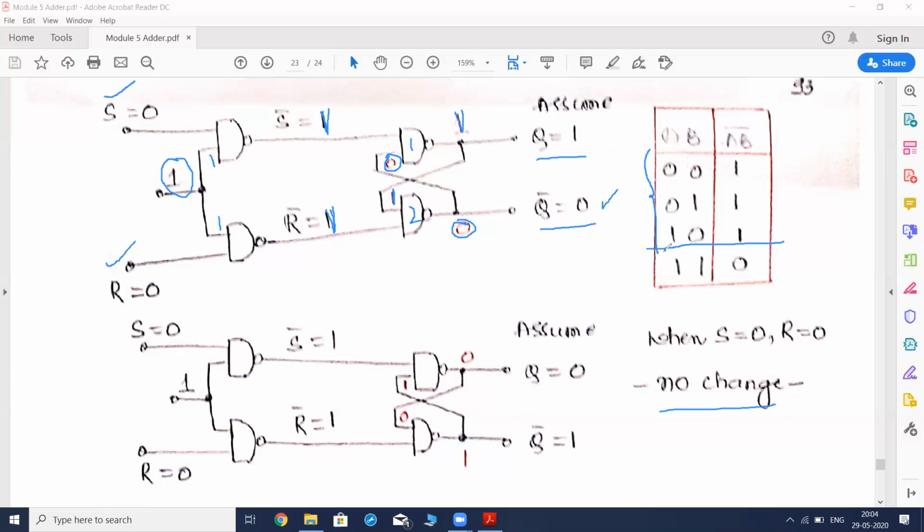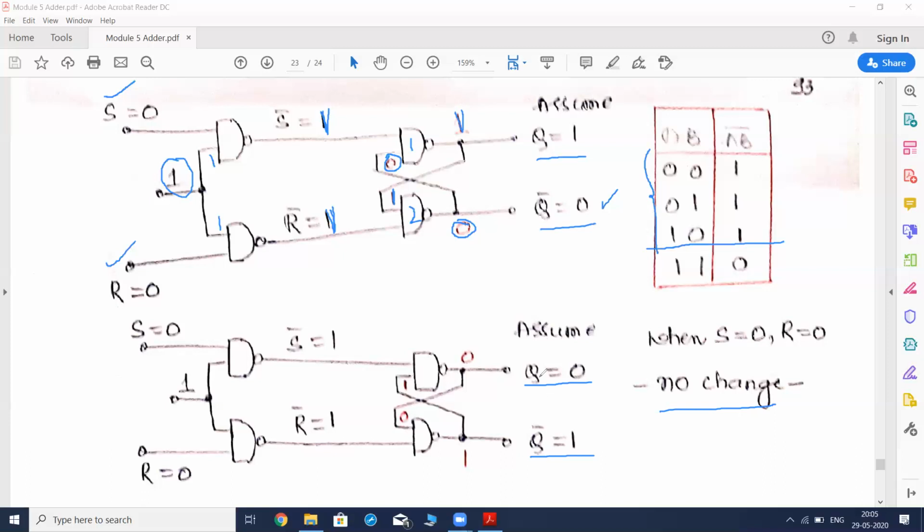There is one more assumption that we can make. Here we assumed Q as 1. Now let us assume Q as 0. Obviously our other output will be 1, because the outputs must be complements of each other.